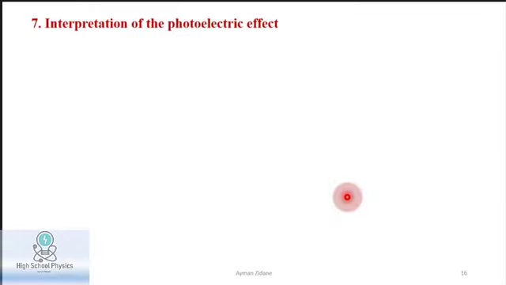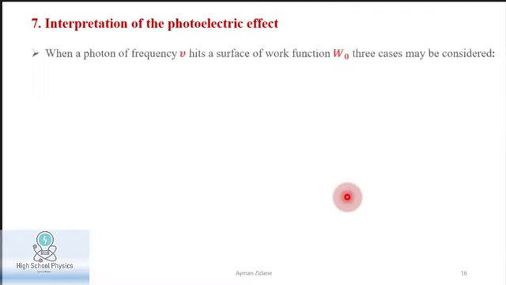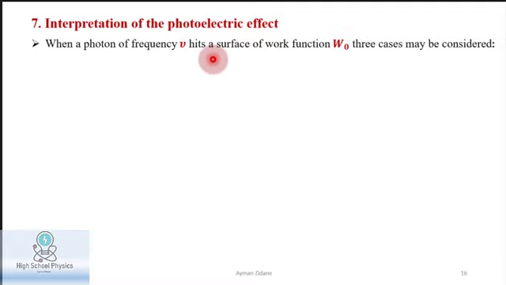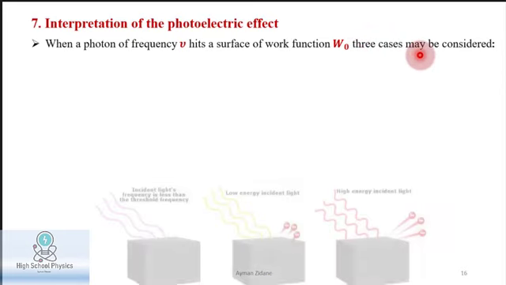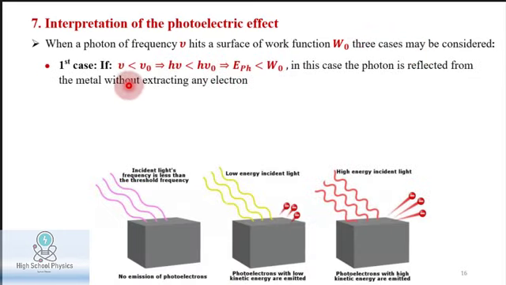Interpretation of the photoelectric effect. When a photon of frequency ν hits the surface of work function W0, three cases may be considered. First, if the frequency of the radiation is less than ν0, so hν less than hν0, so energy of photon less than W0.